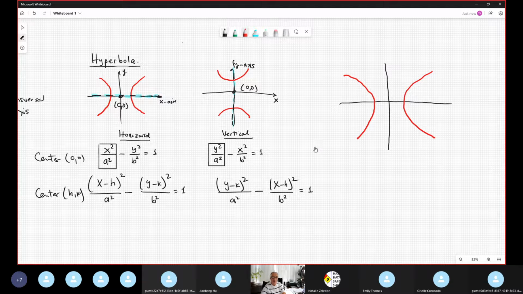This point and this point are the vertices, B1, B2. The vertices always lie on the transverse axis. And this distance is A from the center. This is the center. In this example I put it at 0, 0, but it's not always 0, 0. Maybe it's h, k, and you translate the hyperbola to that point.